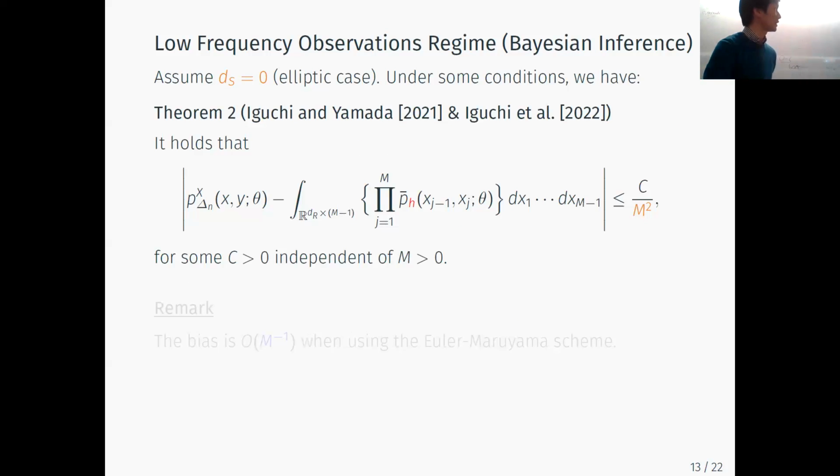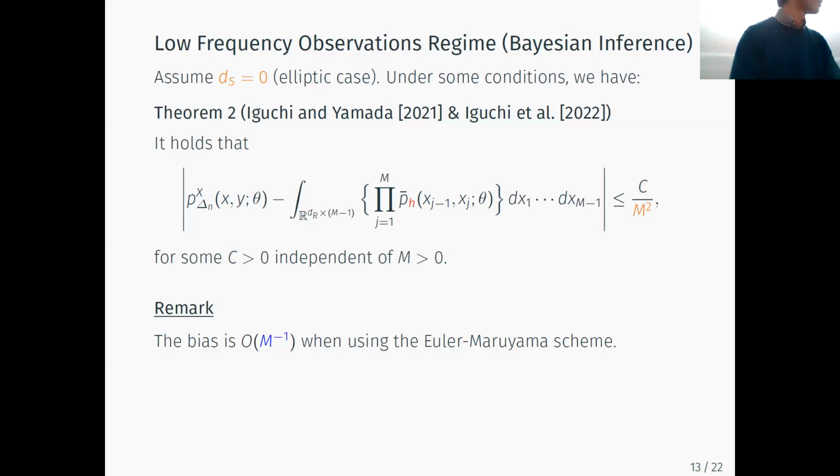What we did is quantify this bias of the data augmentation. In this case, we consider the elliptic case only. Under some conditions, the bias of the data augmentation is bounded by some constant over m squared, where m is again the number of imputations specified by the user.